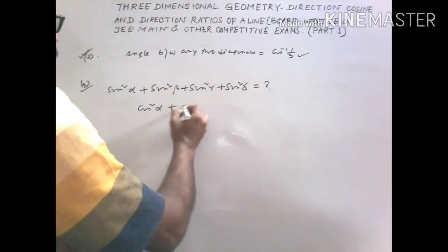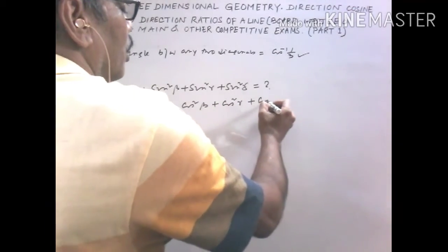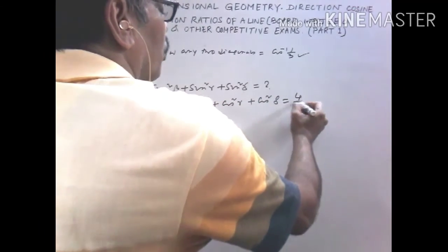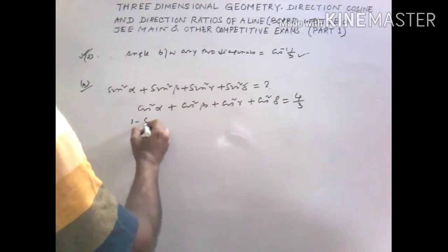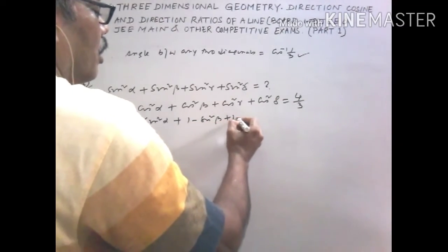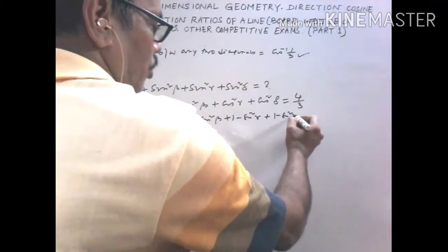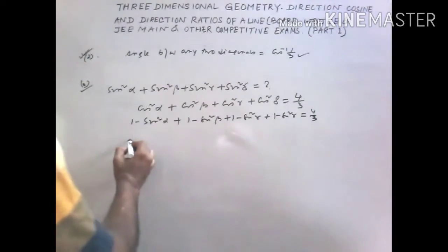Now this one is the result, so this is 4 by 3. Now the result is in terms of sin. So (1 minus sin square alpha) plus (1 minus sin square beta) plus (1 minus sin square gamma) plus (1 minus sin square delta) equals 4 by 3.